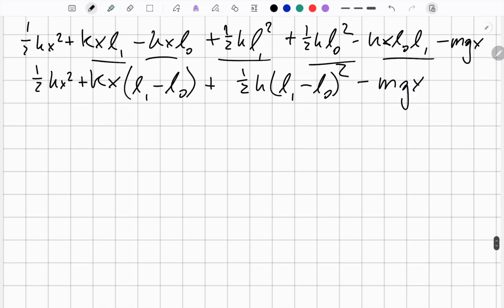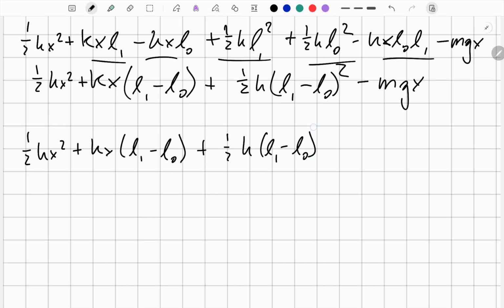And we want to show that our 1/2 kx squared plus kx(L1 minus L0) plus 1/2 k(L1 minus L0) squared minus mgx equals 1/2 kx squared plus a constant.